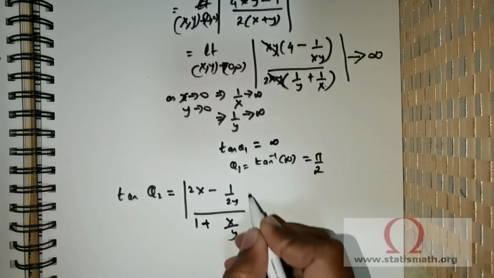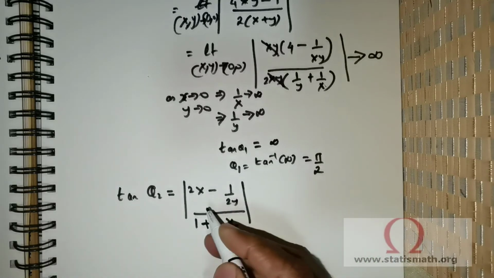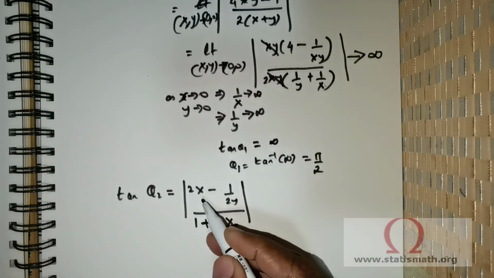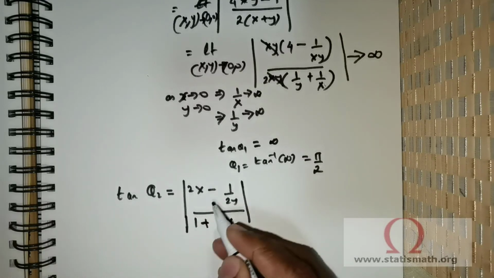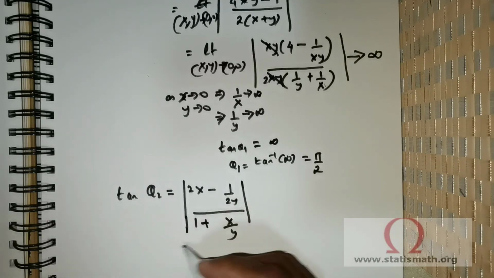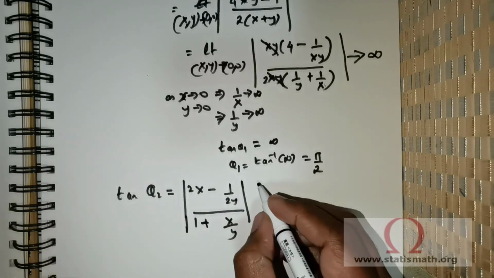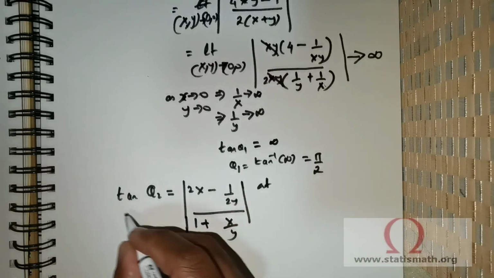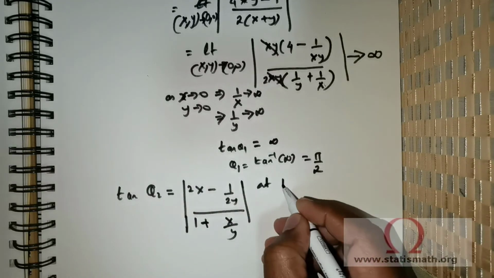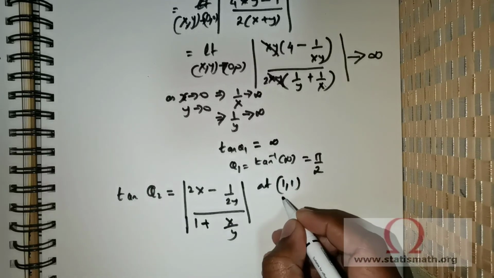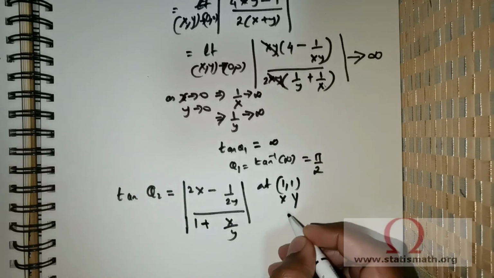This is what we have got from the first case. The only reason we have not substituted the values in the previous case is that we would get 0 divided by 0, and that's why we used the concept of limits. But in this case, we are expected to find the angle of intersection at the point (1, 1). So that means my x is 1 and my y is 1.